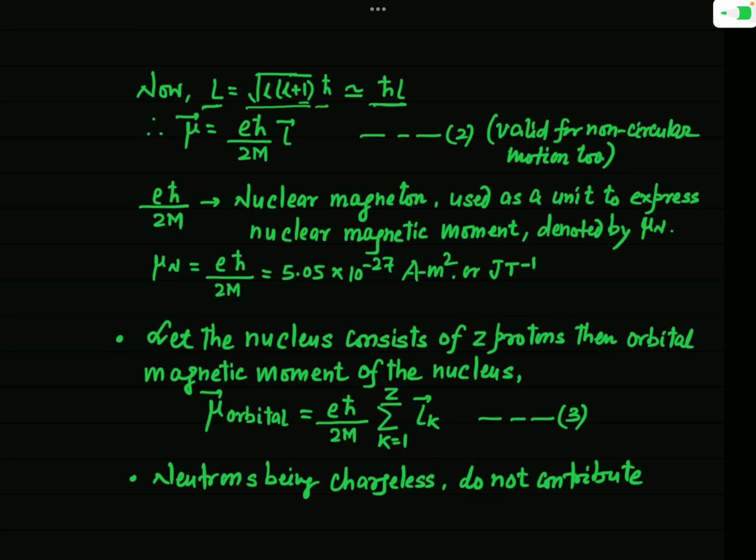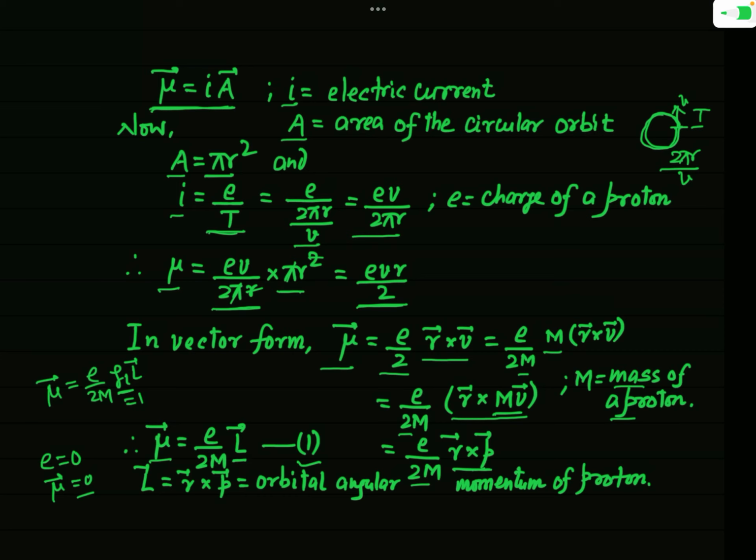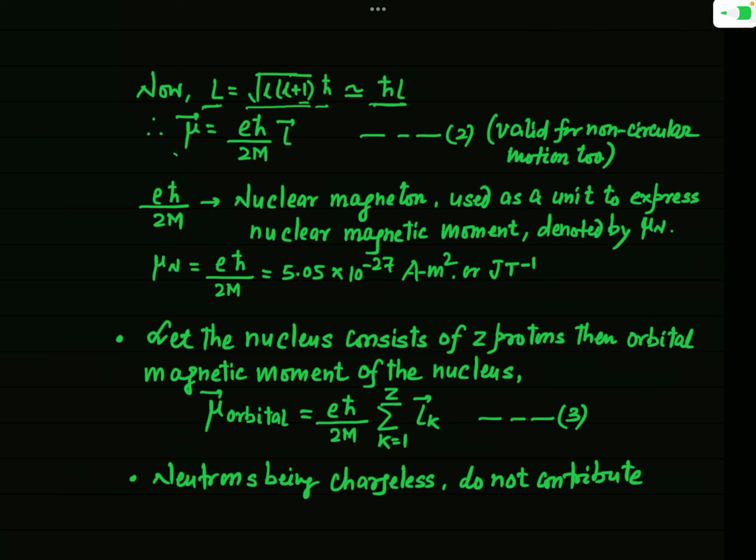Okay? And therefore, when you substitute this value of L in this equation, you can see in equation 1, instead of L, now we will write simply h bar L. Then what will be the expression for the magnetic moment? This will be, you can see, mu equal to E h bar over 2m into L. I have written it in the vector form.